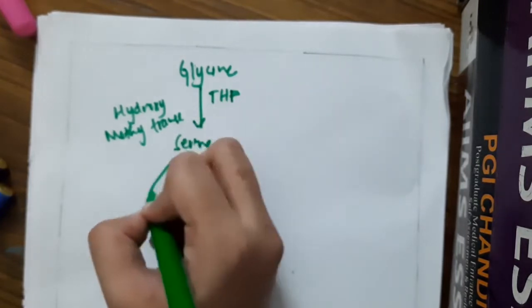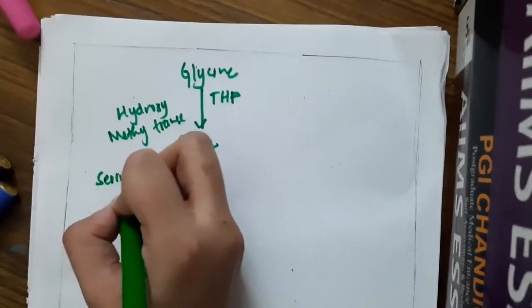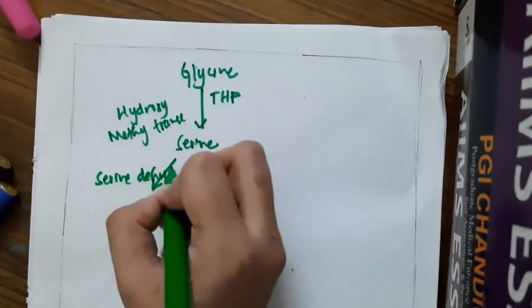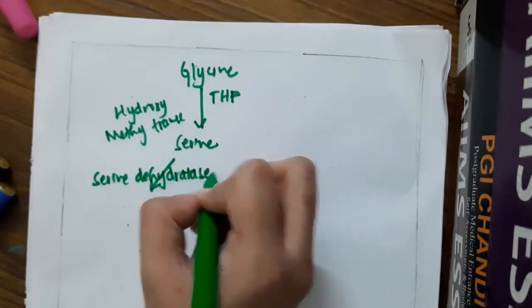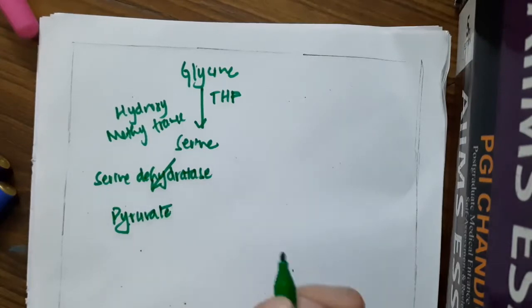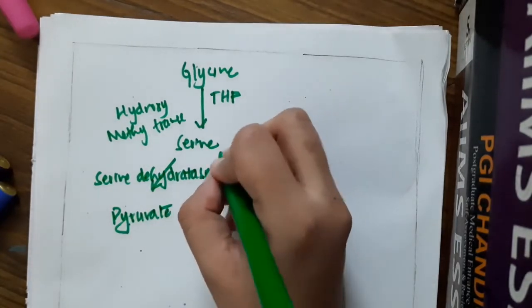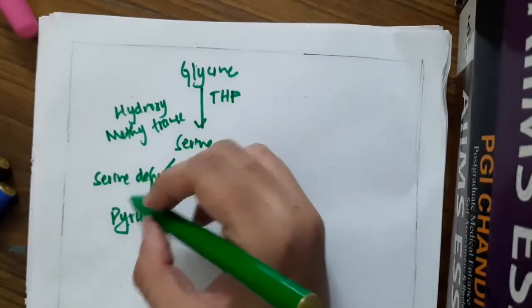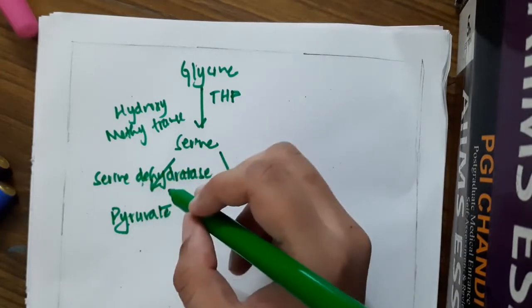This serine, in the presence of the enzyme serine dehydratase, forms pyruvate.